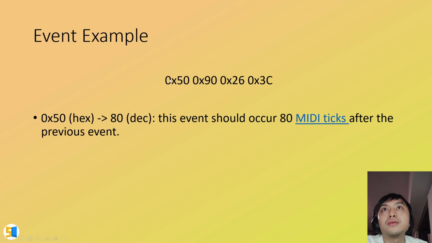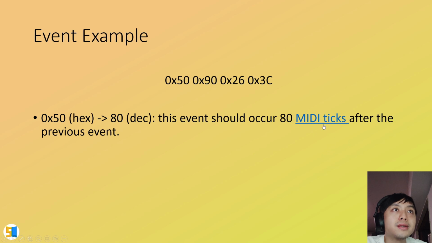Okay, so this part of the event means that this particular event should occur 80 MIDI ticks after the previous event. So that's when this event should be executed, basically, right? So this event should be executed 80 MIDI ticks after the previous event.